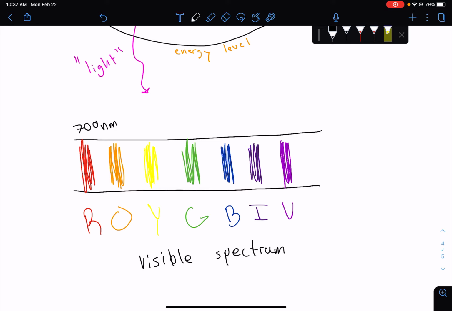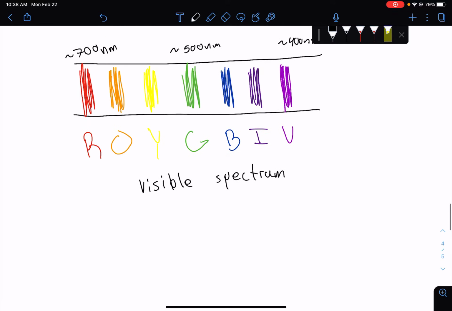When we get to the green, we're closer to about 500 or so, and I'm going to put little approximations here. On the violet side, we've got closer to 400 nanometers.